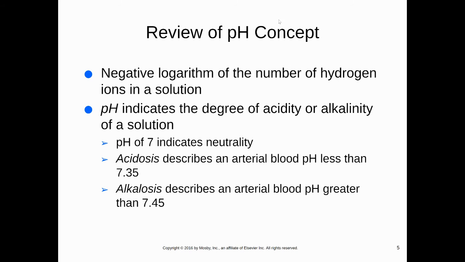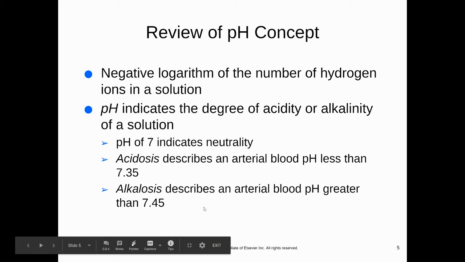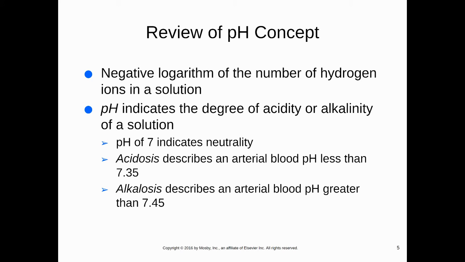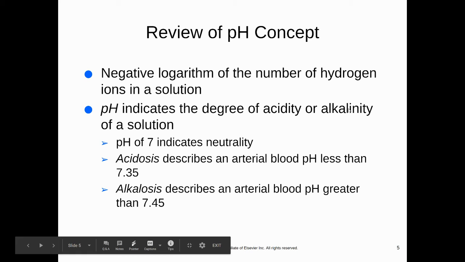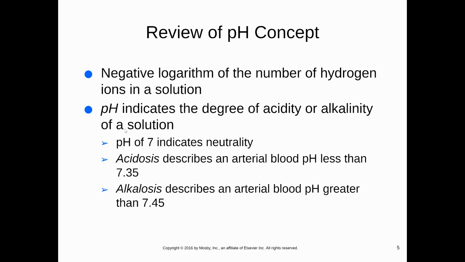So whenever we're talking about pH, we're only looking at our hydrogen ion concentration. Anytime we've got acidity or alkalinity, we're talking about pH. Now pH starts at a neutral situation of 7. Anything below 7 is considered acidic, and that's going to have more hydrogen ion concentration.